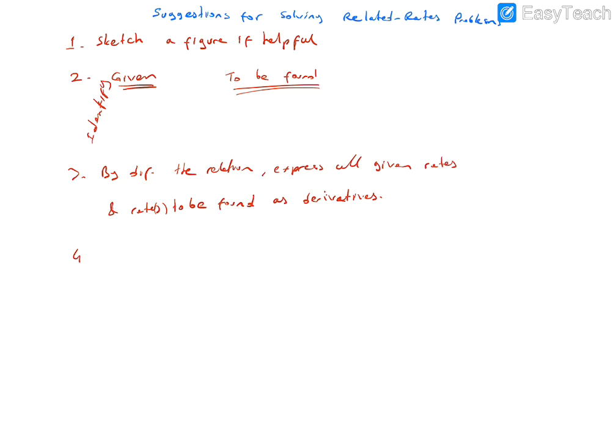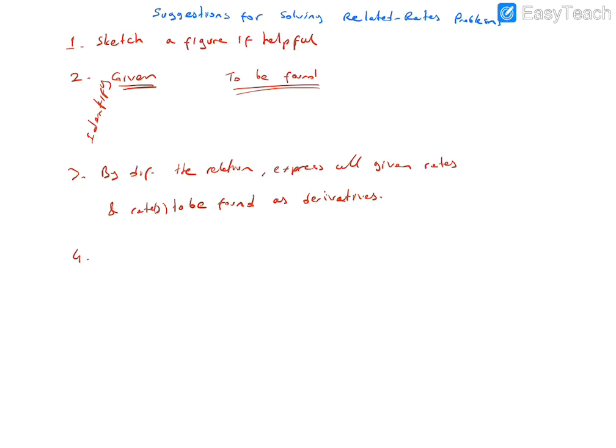And step 4, find an equation connecting the variables identified in step 2, and differentiate this equation. In this third step, I gave the explanation altogether, okay?